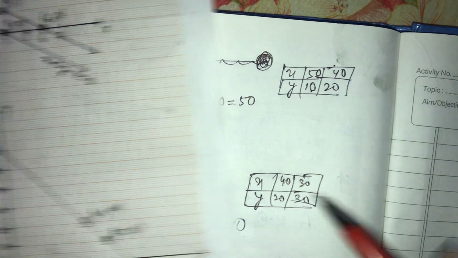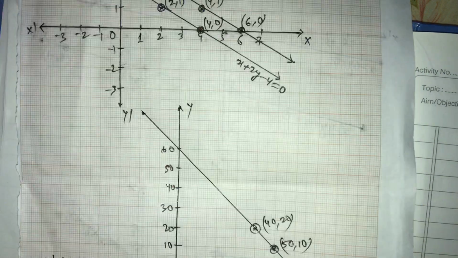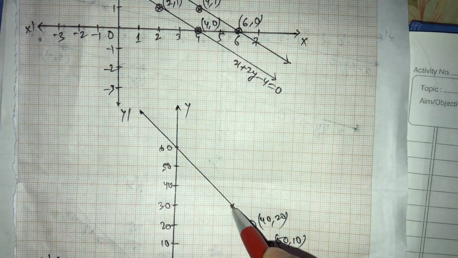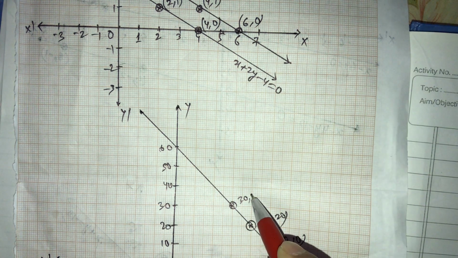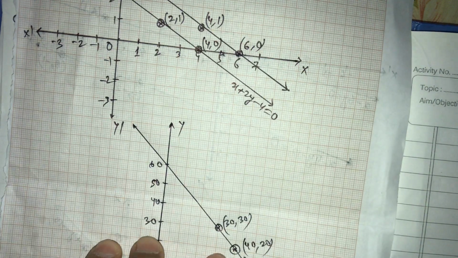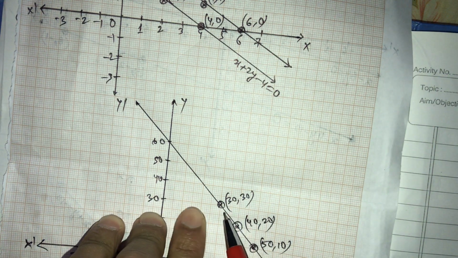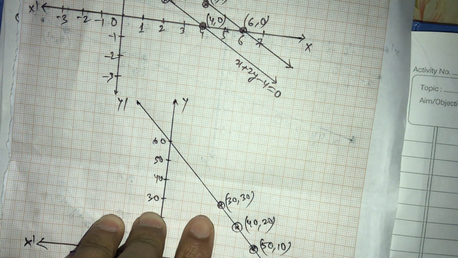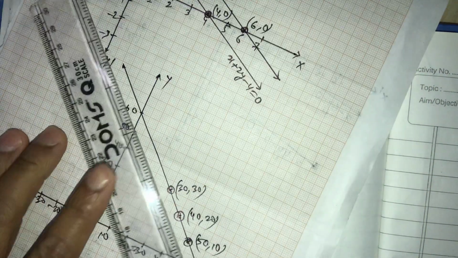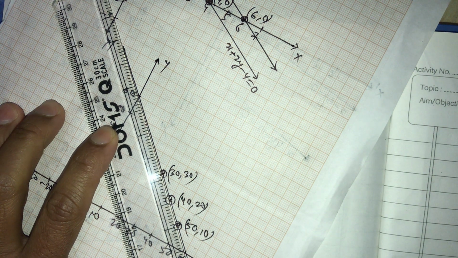Second, 40, 20. So 40, 20 we already did. 30, 30. So x 30, y 30, it is here. Now see, 40, 20 was there and 30, 30 I got. So I don't need to draw another line, because both the lines are overlapping, both are coinciding here.